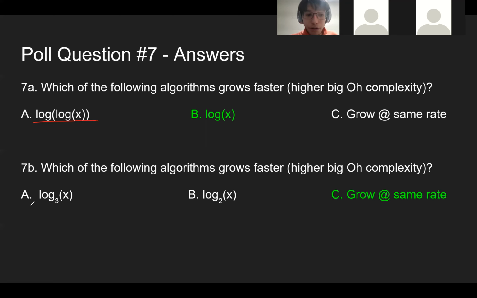And for the second one, they're the same, because as we mentioned earlier, the way you get from log base 3 to log base 2 or vice versa is the change of base formula. When you do that, you just get some constant multiple tacked on in front. And with big O notation, we drop constant multiples. So it doesn't matter. Big O of log base 3 of x and big O of log base 2 of x are the same growth rate.